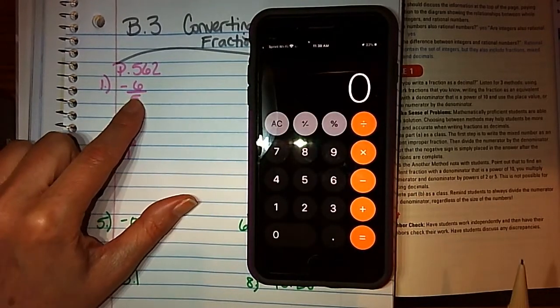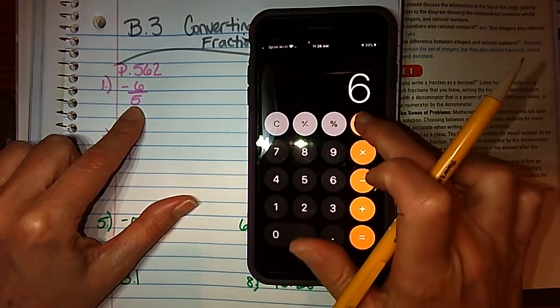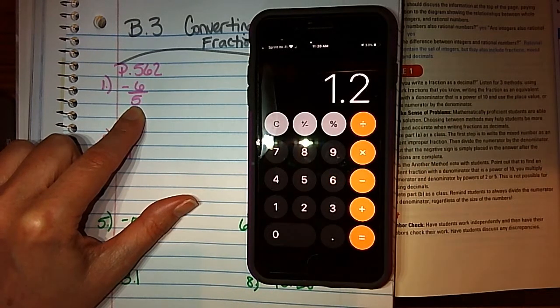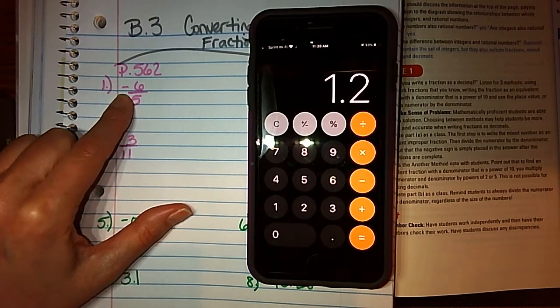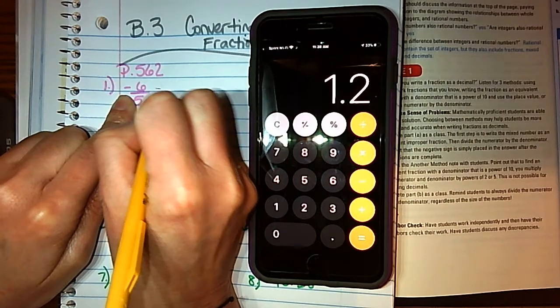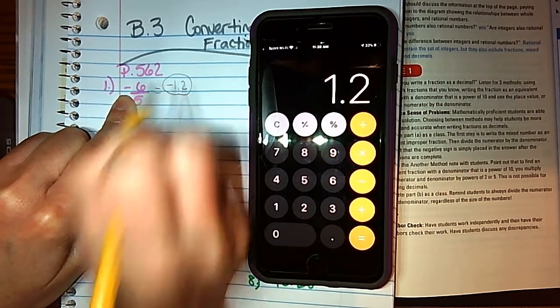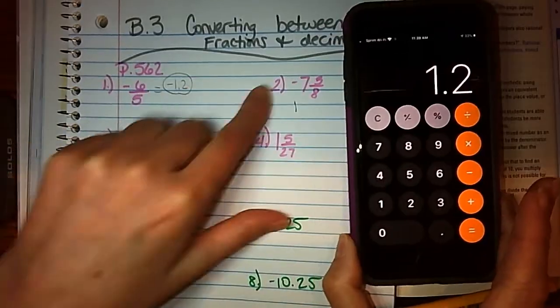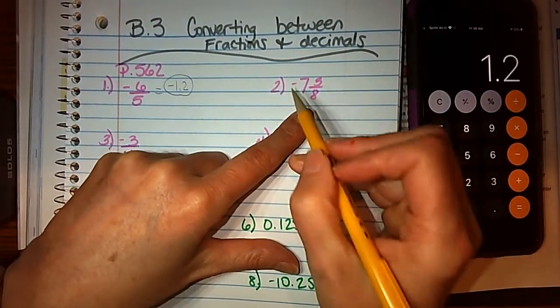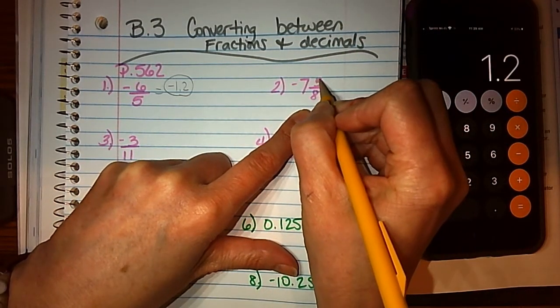So 6 divided by 5 and you get 1.2. Since it's a negative, it's going to stay a negative. And that's it. Coming over here, number 2, this is a 7 and 3/8.